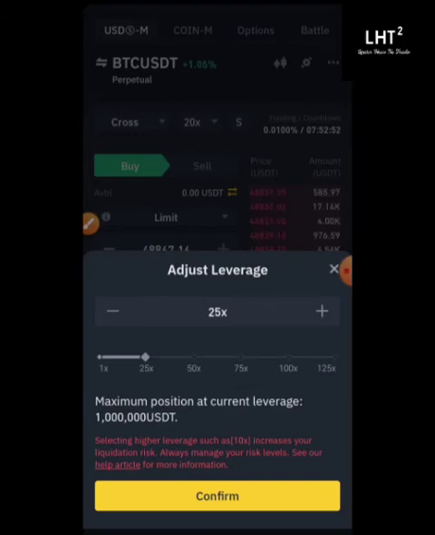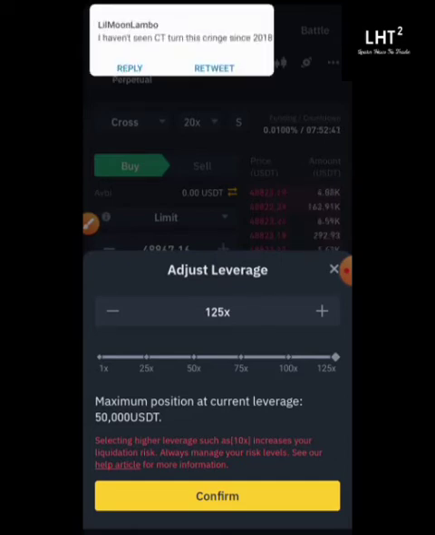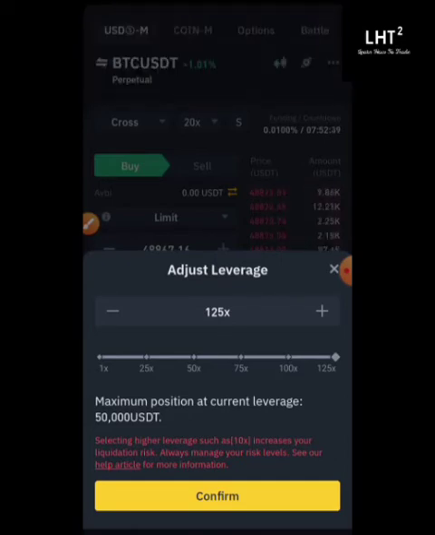So this is just the explanation on what Binance leverage means, and you can actually see the maximum position at current leverage is 50,000. Okay, let's use 25x.